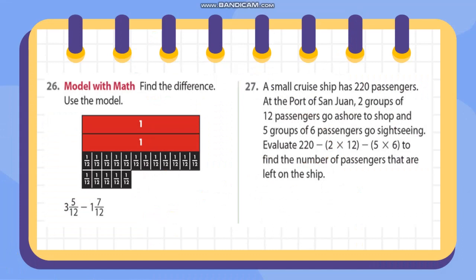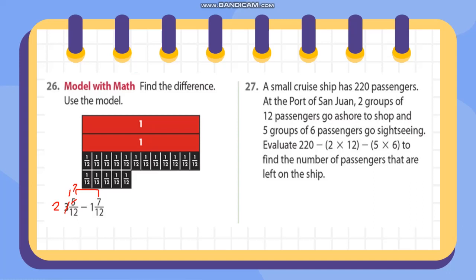Since they have the same denominator, they are like denominators, so we simply subtract the numerators directly. 5 minus 7 is not possible, so we need to borrow from 3, and 3 becomes 2, and 5 becomes 17. Why does 5 become 17? Because the denominator is 12. The one that you borrowed is equivalent to 12 over 12.